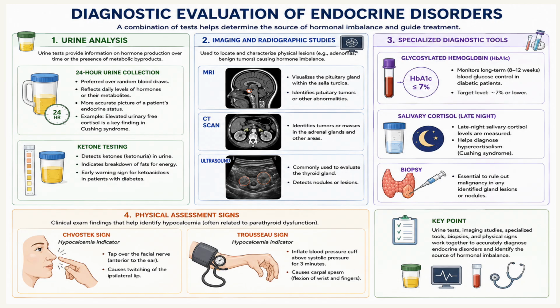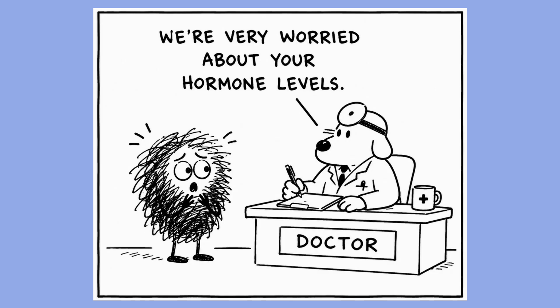Both findings indicate what? Hypocalcemia. And they can suggest underlying parathyroid dysfunction, right? Because that's the gland that is responsible for calcium levels. Now together, urine studies, imaging tests, specialized lab assessments, biopsies, and physical exam findings all help us diagnose endocrine disorders and identify the source of these imbalances.